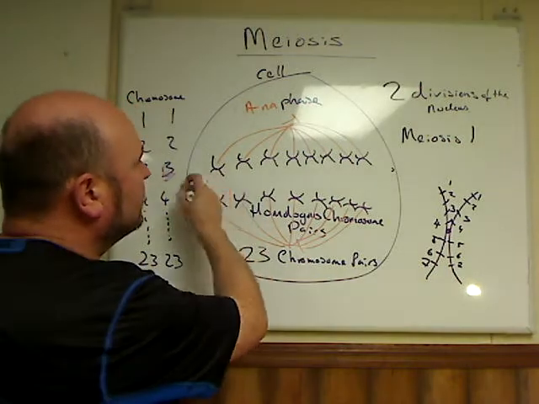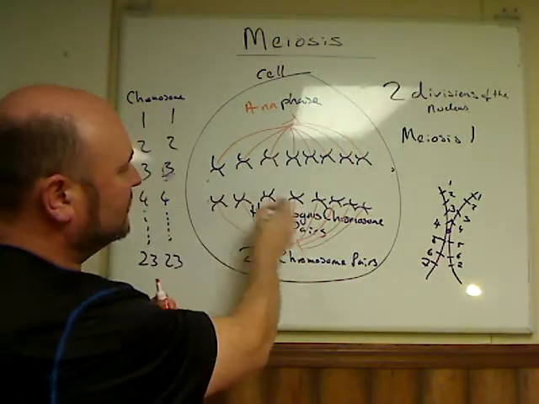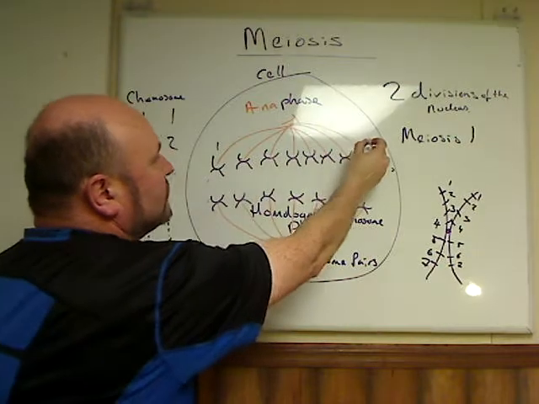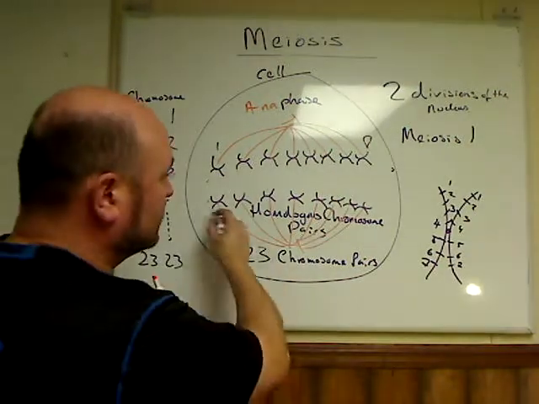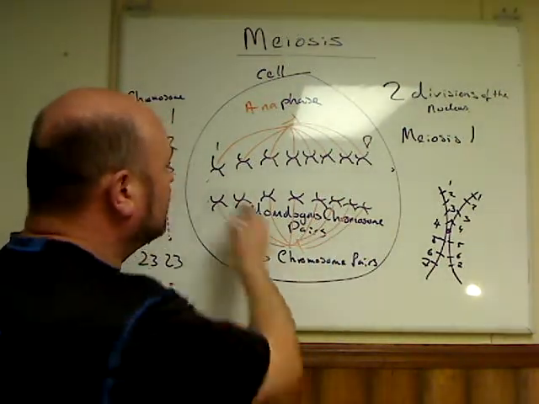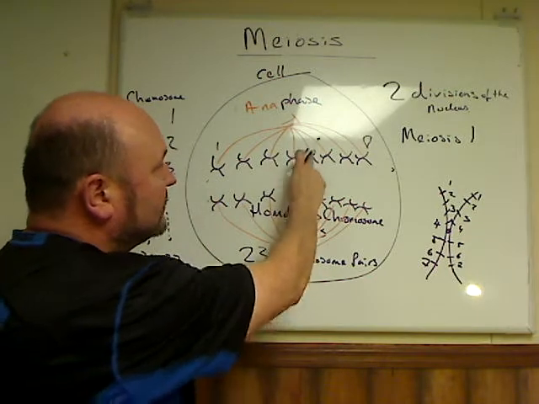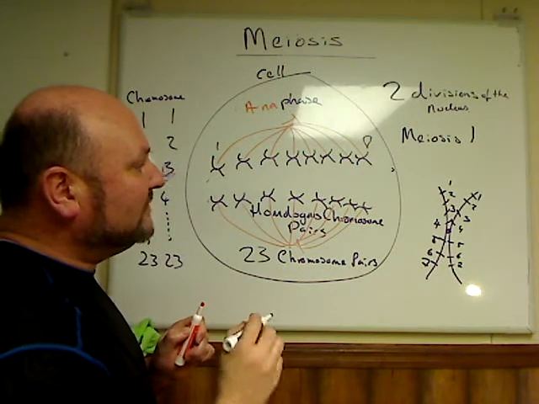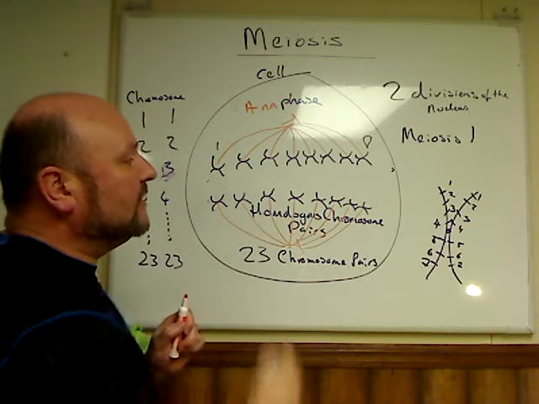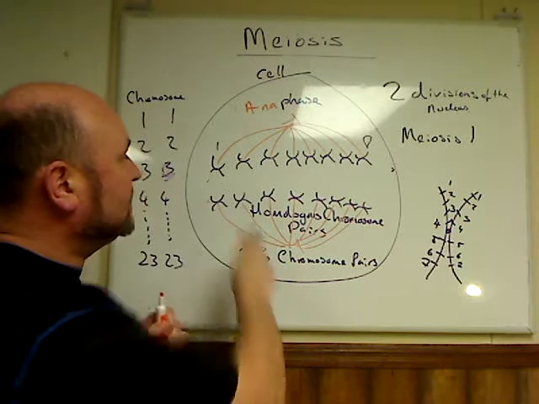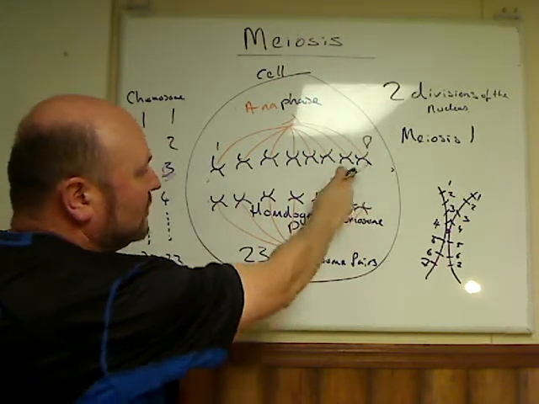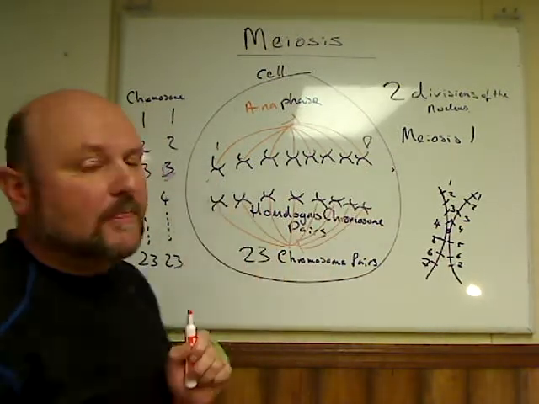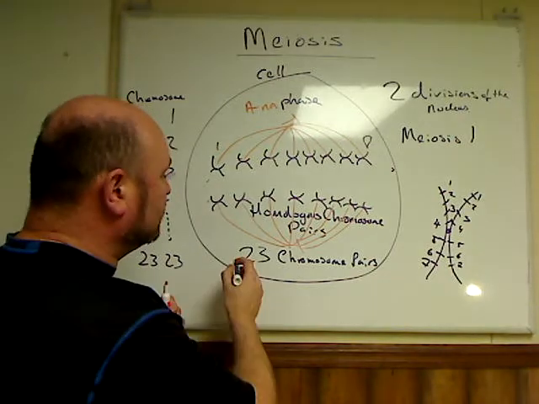We now have a separation north and south. We've still got chromosomes 1 through 8, chromosomes 1 through 8 down to the bottom, but they're still in their sister chromatids. So what we've done is we've halved the chromosome number, the total, because this 8 going across with the pairs is an actual.